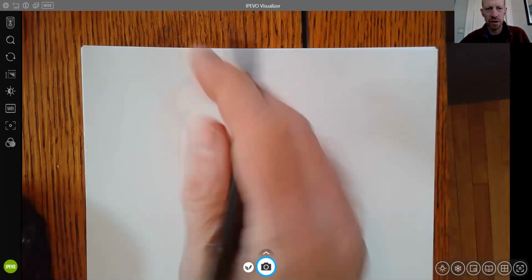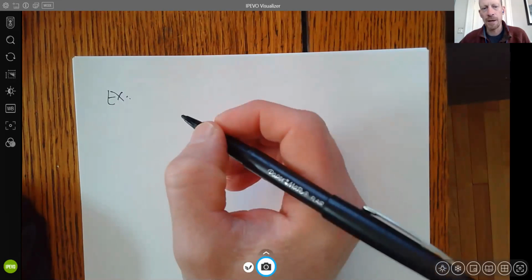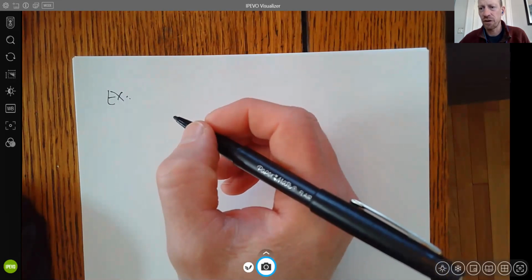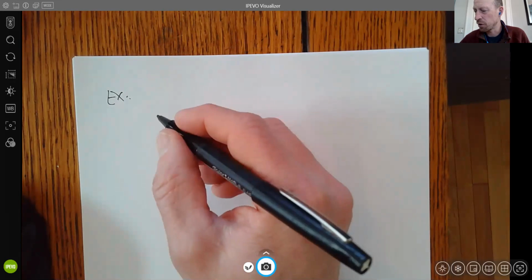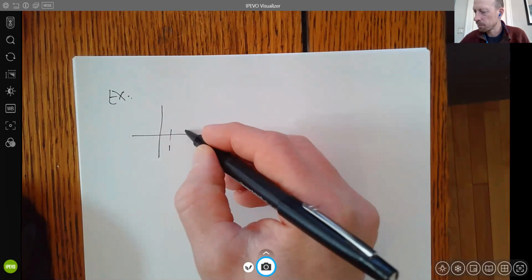Well, let me just do one little example of why this condition that the function is continuous is so important. Imagine we had a function that looked like this.